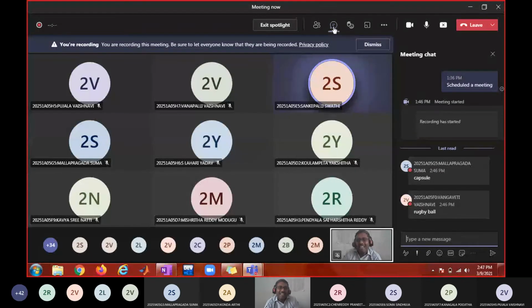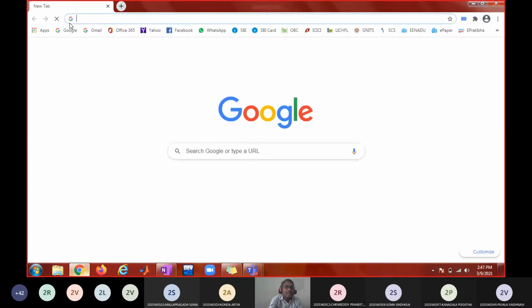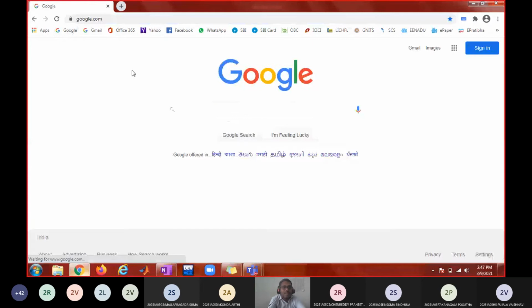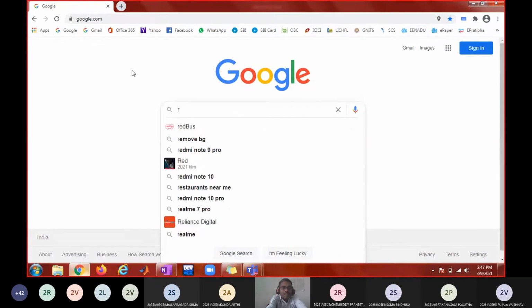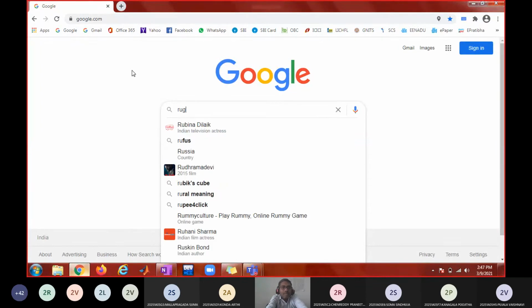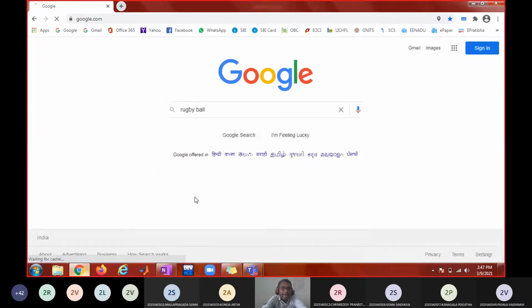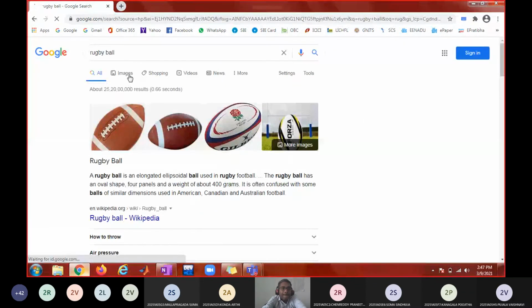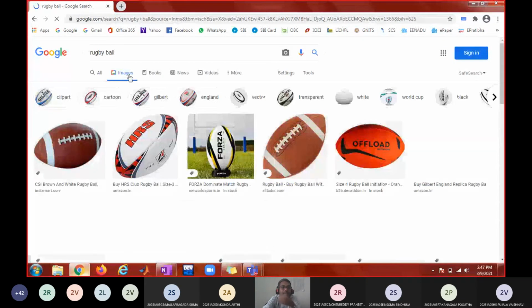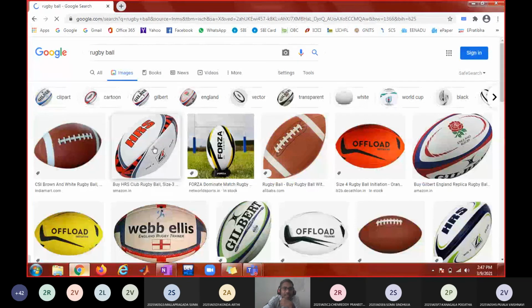A rugby ball is a perfectly ellipsoidal shape, no? Can you see it? Okay, so this is a perfect example of an ellipsoid. Ellipsoid looks like this.